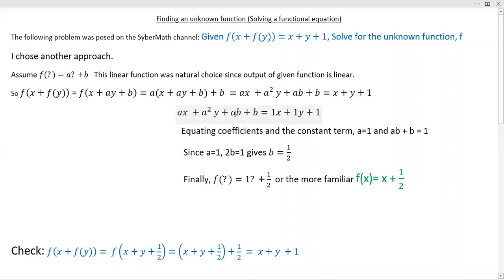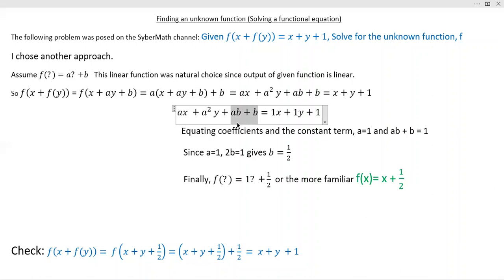Now, what about this constant term? There's no dependency on x or y in the term ab plus b. So notice that ab plus b has no dependency on the x or y terms.